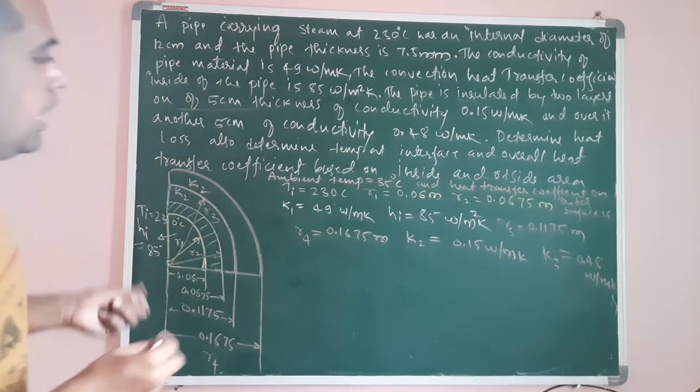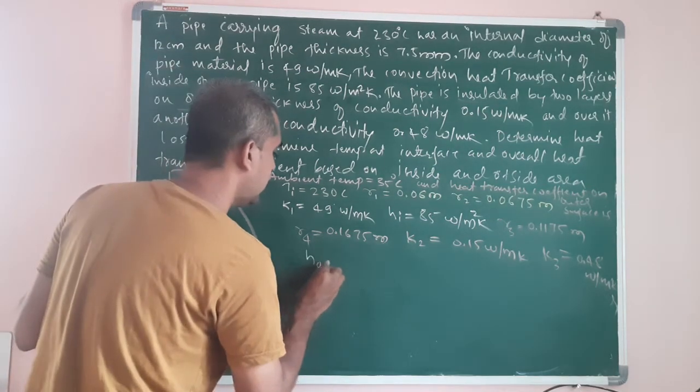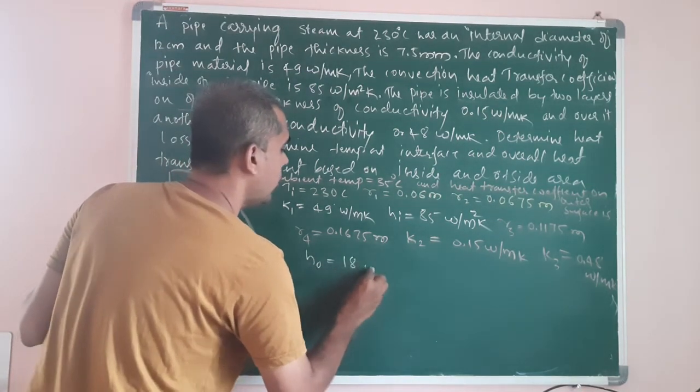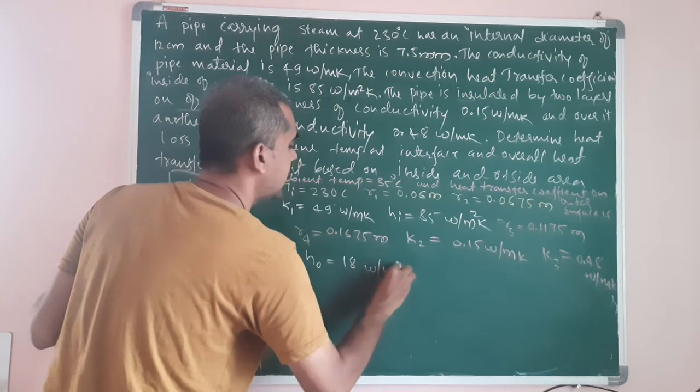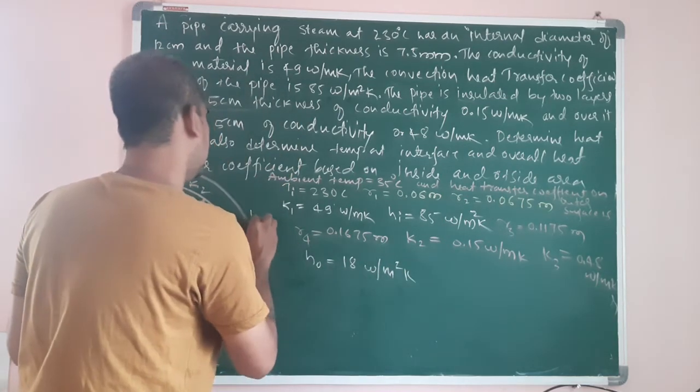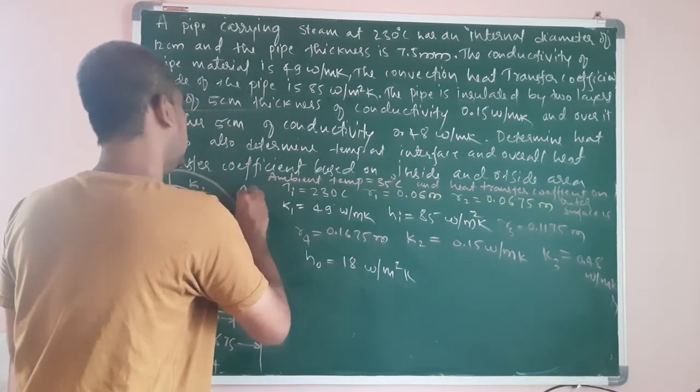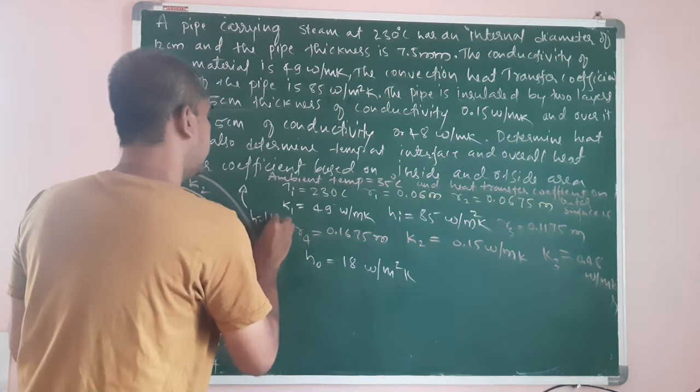It is H0, 18 watt per meter square Kelvin. Okay, this is H0. There is a heat transfer coefficient of 18 watt per meter square Kelvin.